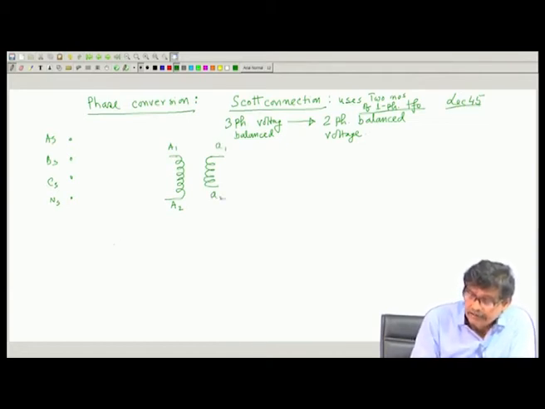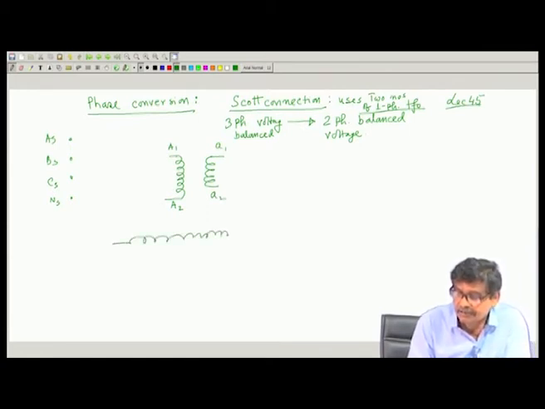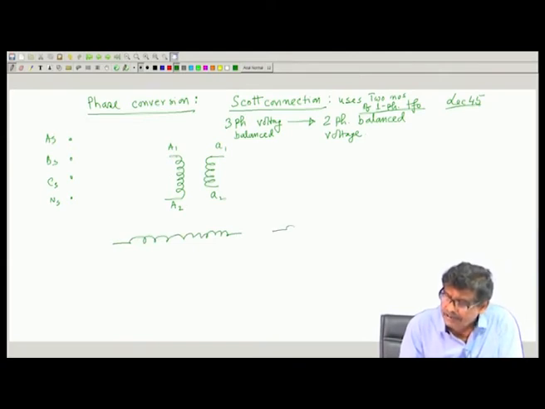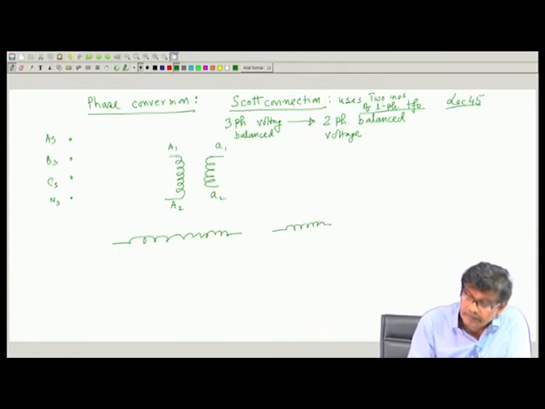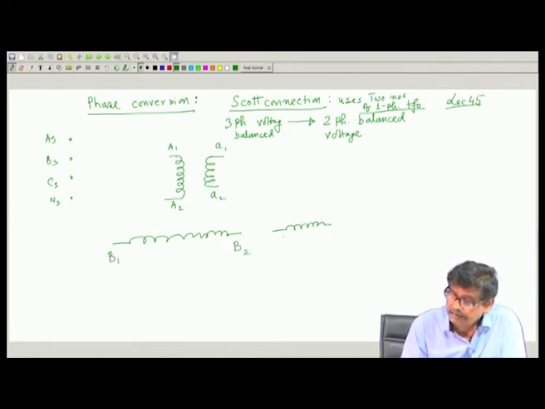And you have another transformer which I am drawing horizontally, the reason will be clear, and its secondary is this one. Suppose this is B 1 B 2, and this is also small b 1 b 2.